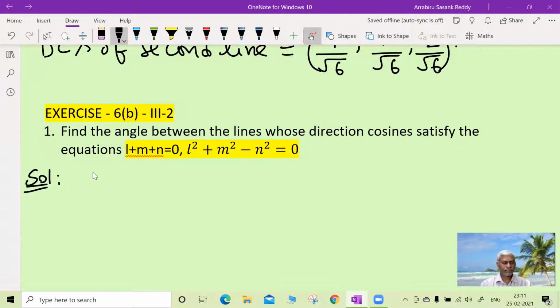Solution. Given condition, l plus m plus n is equal to 0.